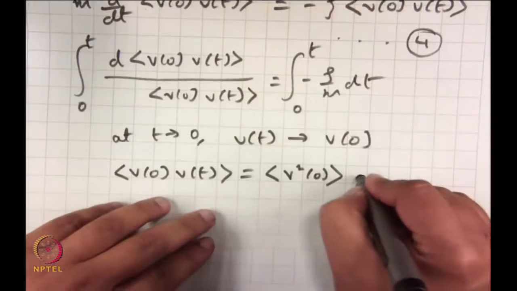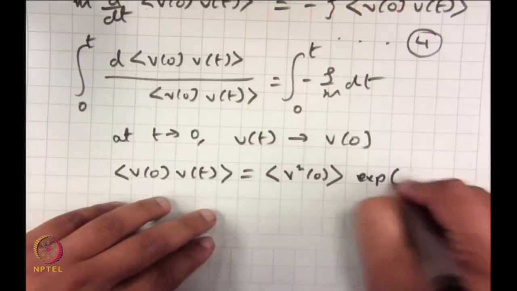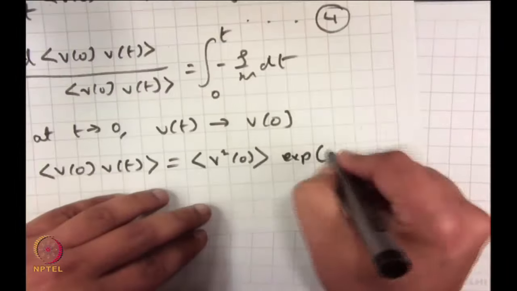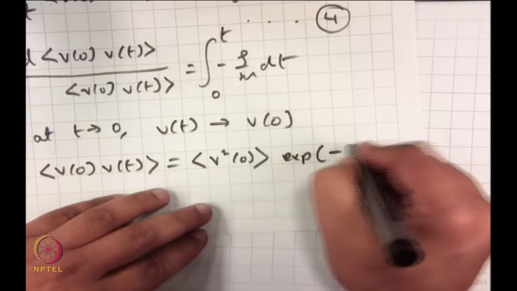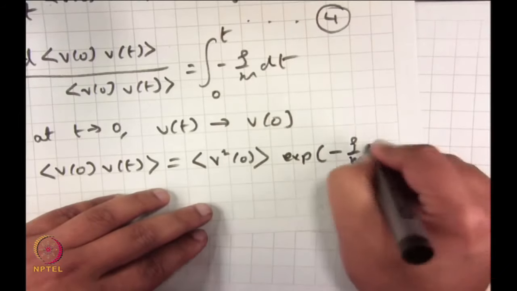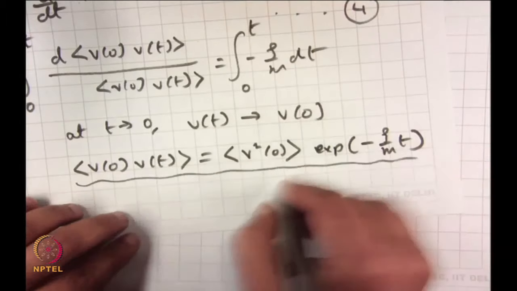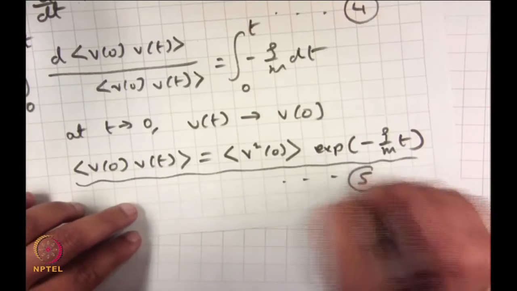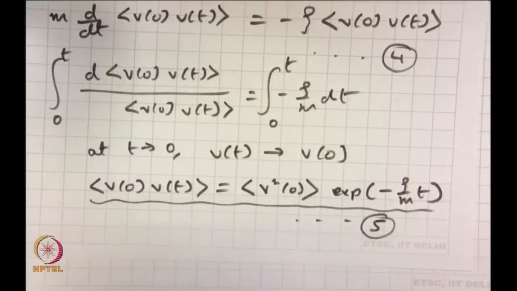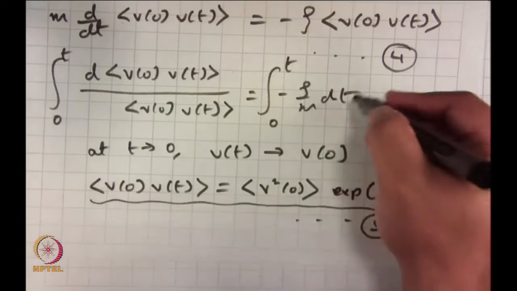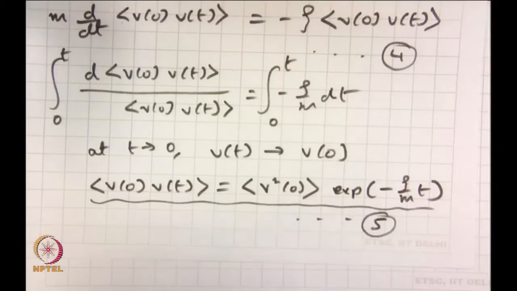Now, this is exponential, what do you have? Minus xi by m times t, isn't it? Because this one is essentially t between the limits. So, what do you now see?